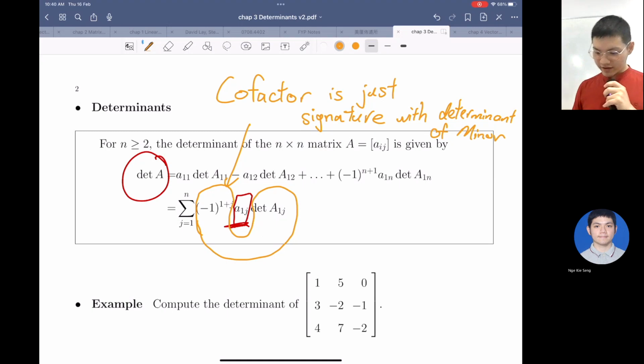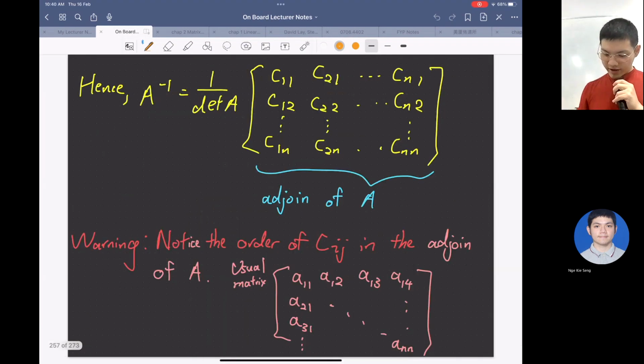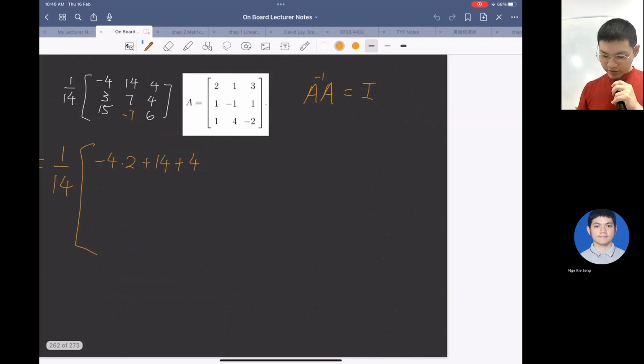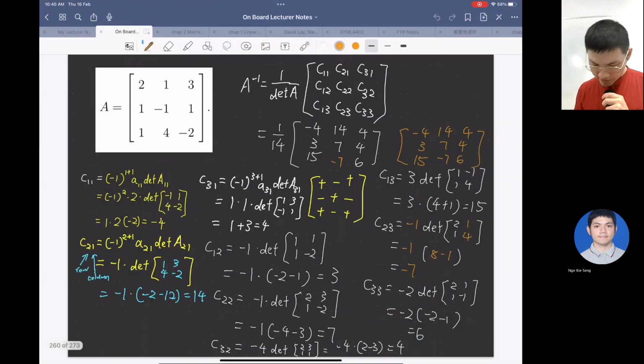So let's take all the factor away. So remember the cofactor is the signature with the determinant of minor. Okay, let's all learn this lesson in particular for me. Okay, so let's take away all the extra factor away.